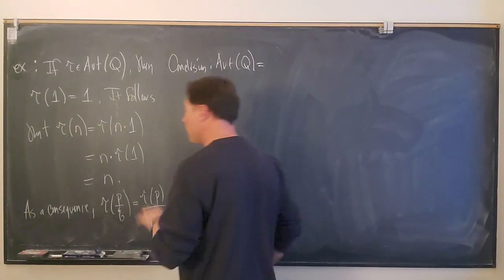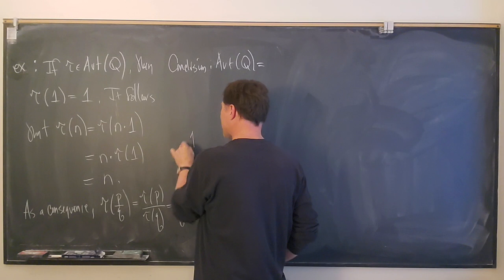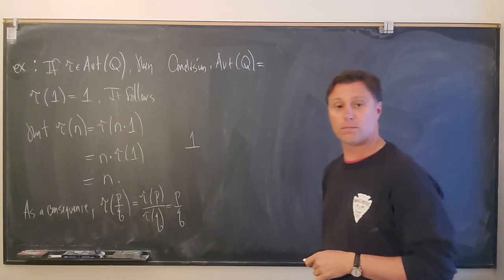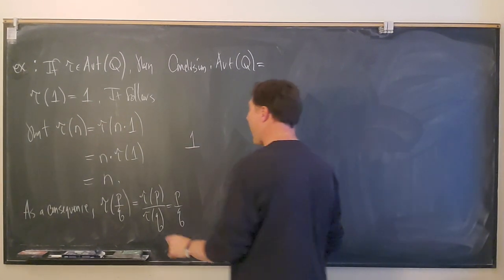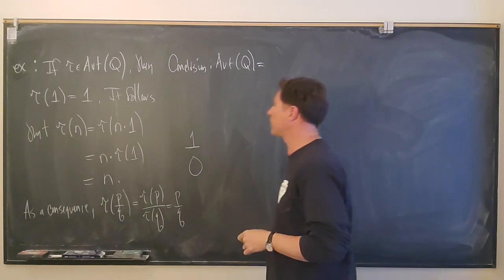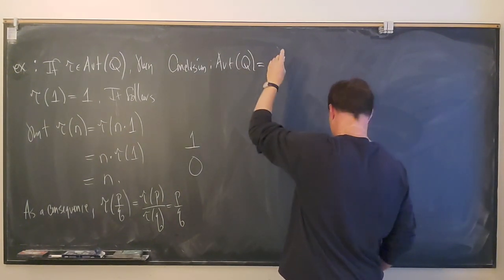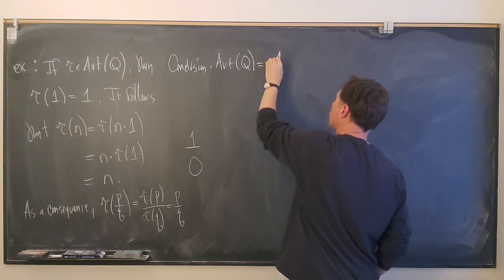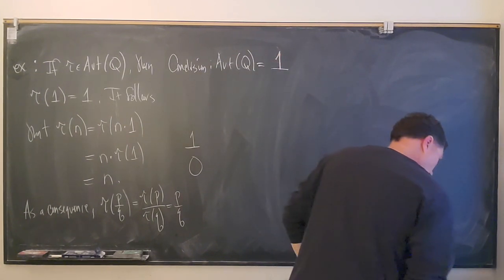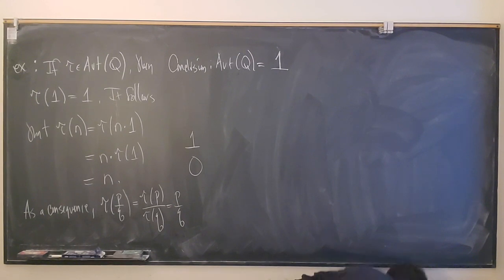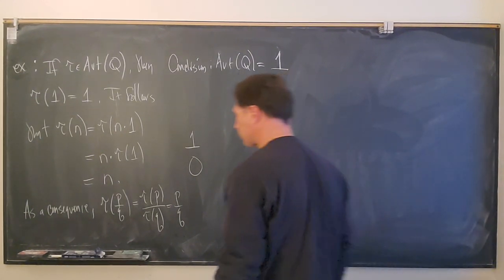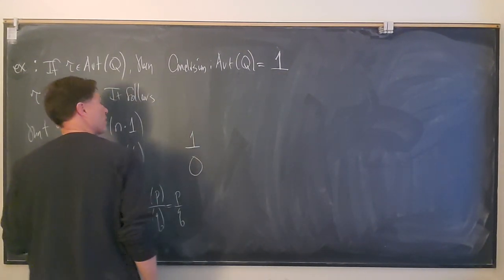If you're working in a multiplicative group, that's the symbol for the identity. If you're working in an additive group, that's the symbol used for the identity. So here, the conclusion is that Aut Q is trivial. The only automorphism of the rational numbers is the identity.